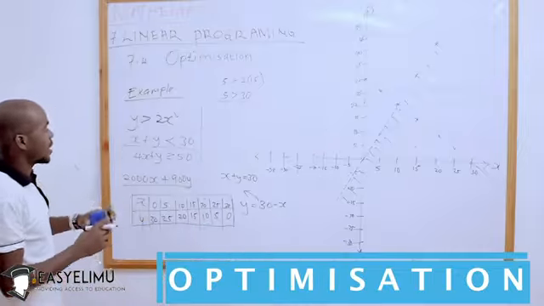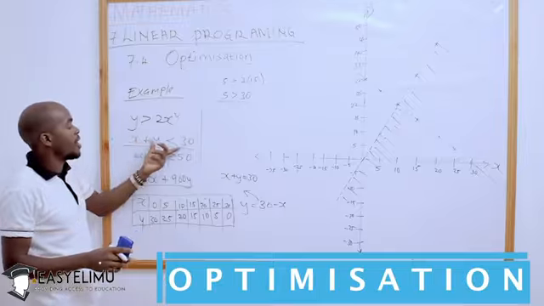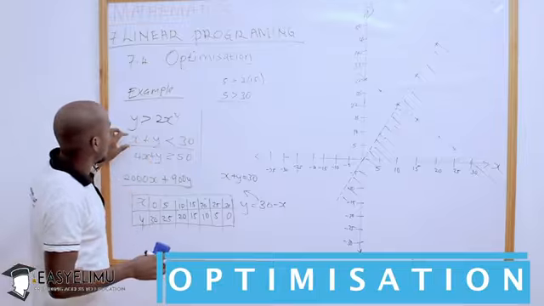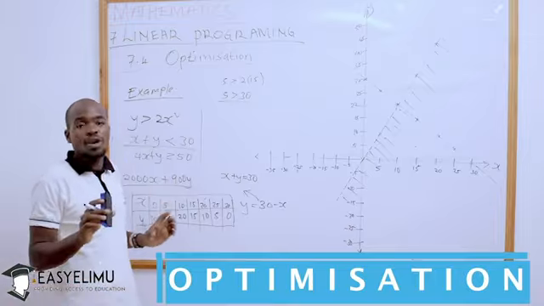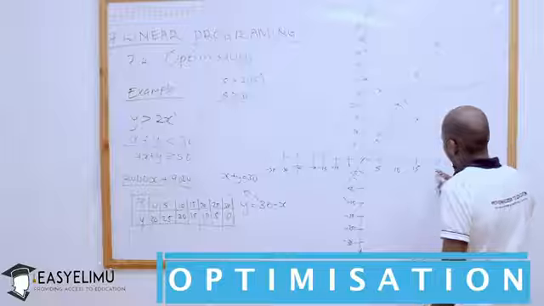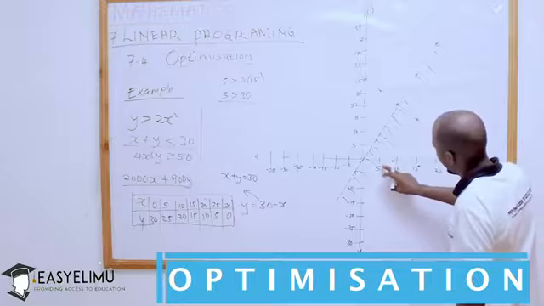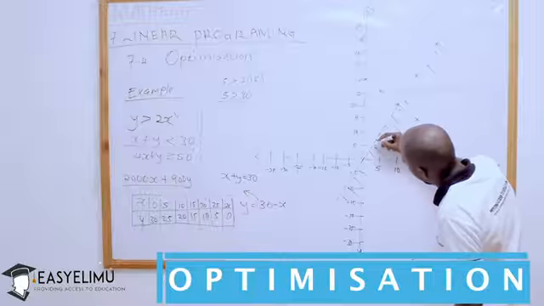Now I need to identify this linear inequality. I will select one point on one side of the line. Let's take (5, 5), a point here.